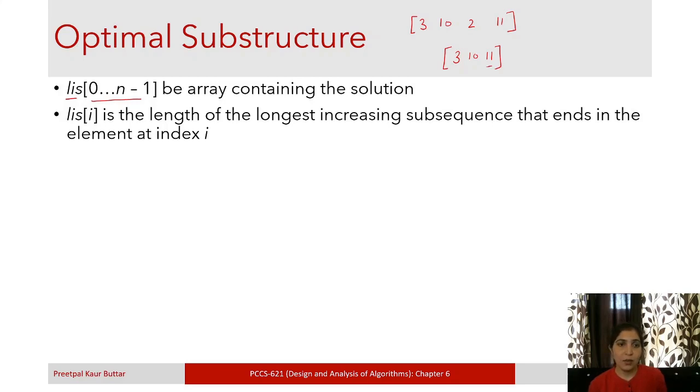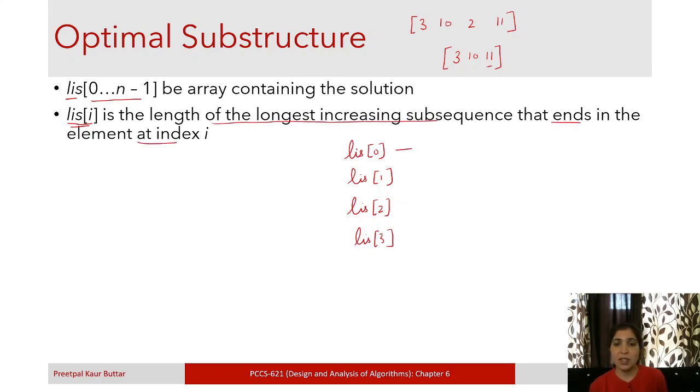So here we fix the end point: LIS[i]. So i can be 0, i can be 1, i can be 2, i can be 3. So i here means this is the longest increasing subsequence which is ending at index i.